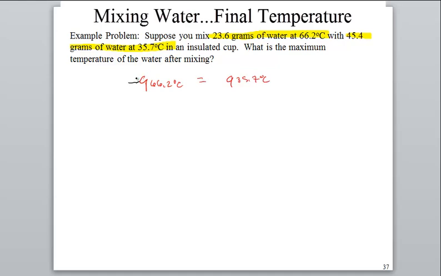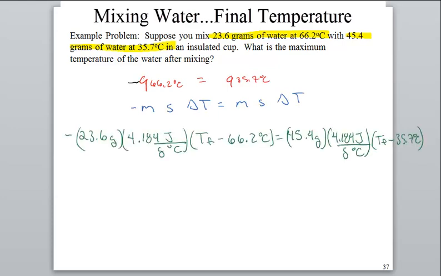Plugging in our equation for Q, the material is just water, so we're going to use the specific heat of water. The masses on both sides are slightly different. The temperature final on both sides are the same, but the temperature initials are different. After plugging in all the variables and the constants, the variable that we don't have is temperature final.